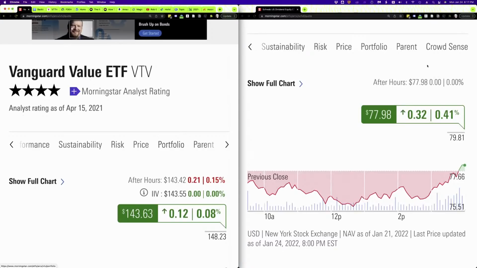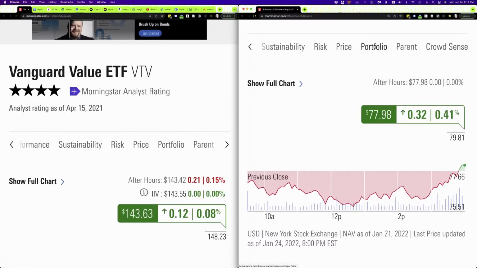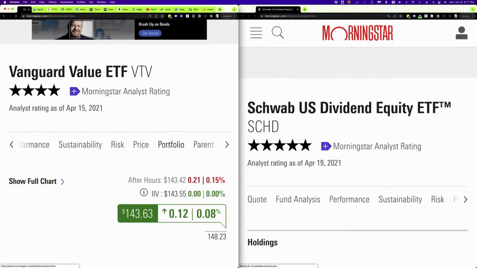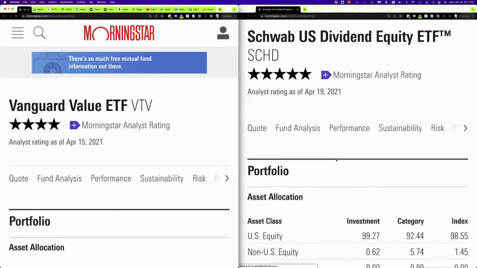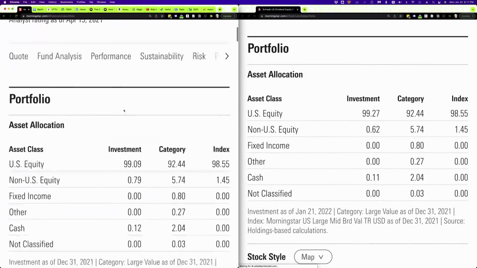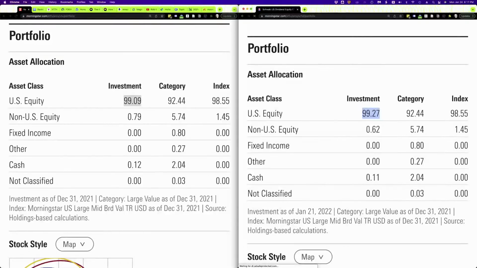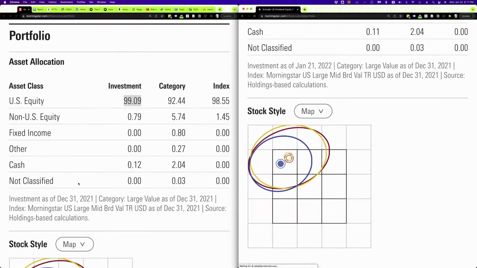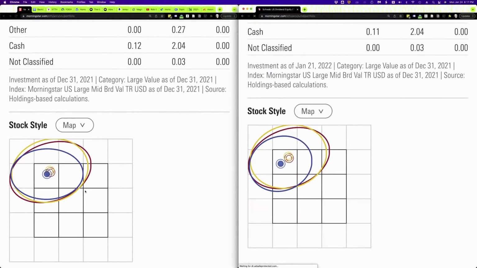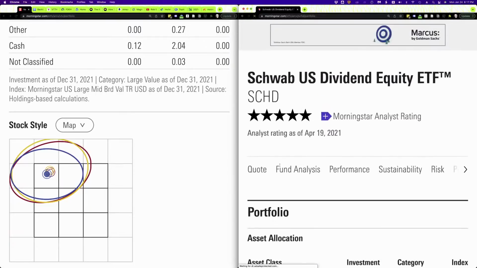So now let's compare the portfolios. Come on, internet. Let's work. They're obviously, well, not obviously, but they're U.S. equities. We see that here and here, right? And we can look at the style map. So they're pretty close. This one is Schwab.